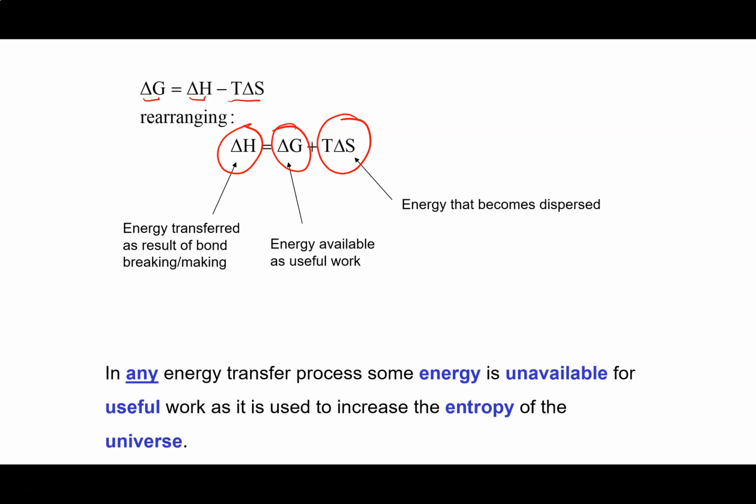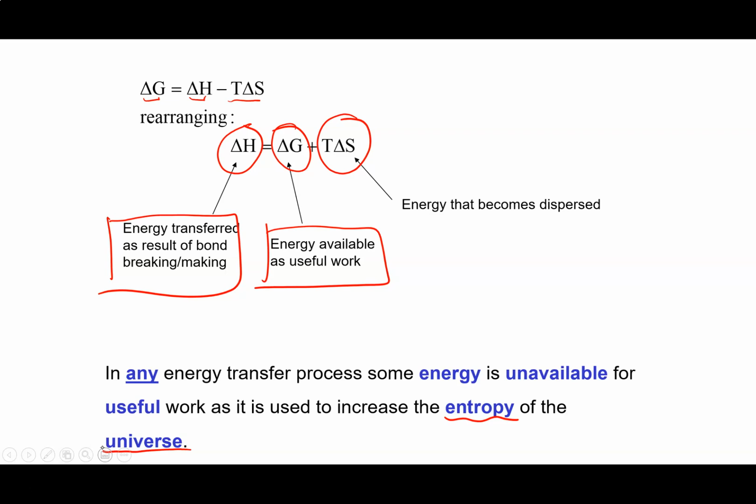So why do we lose some of the energy? Why don't we have all of the energy from bond breaking and bond making available for useful work? Well, the reason is that in any energy transfer process, some energy is always spent increasing the entropy of the universe, because in a spontaneous process, the entropy of the universe always increases.